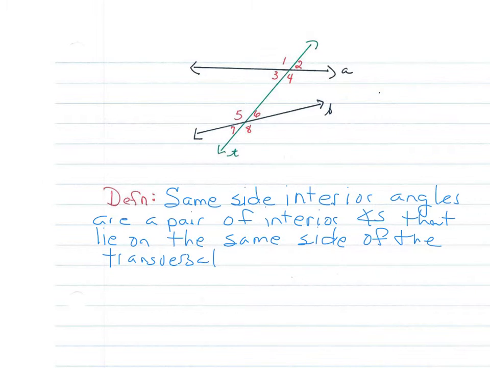So in this example, we have angle 3 and angle 5. These are same side interior angles, and that's how you can abbreviate that. Armando, do we have any other same side interior angles? Angle 4 and angle 6. These are also same side interior angles.